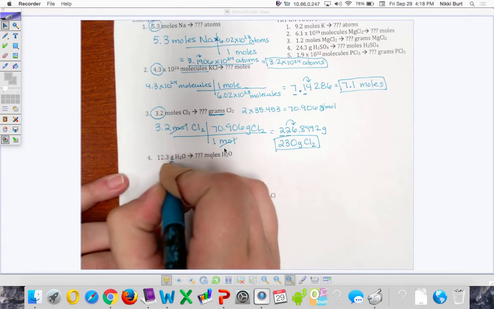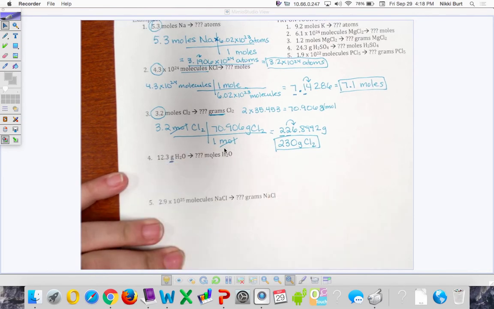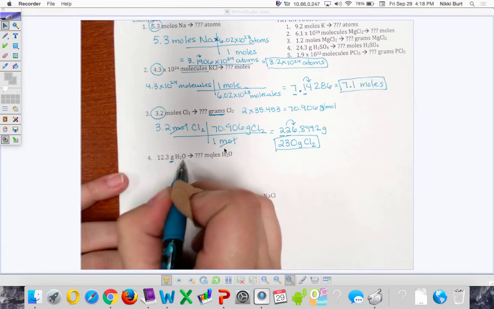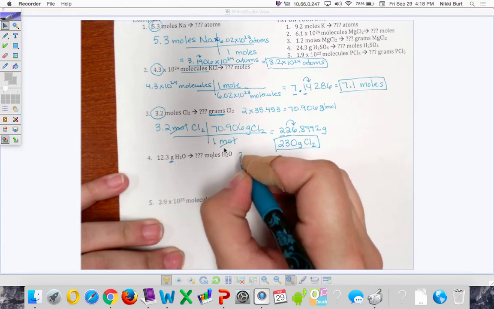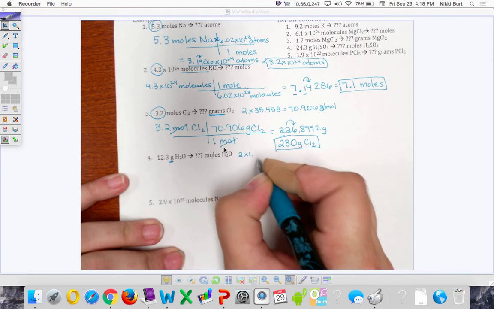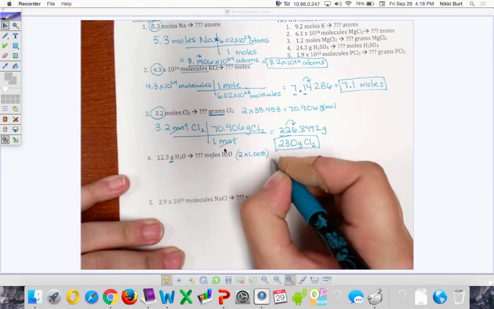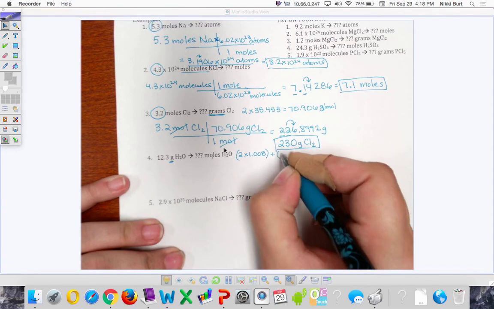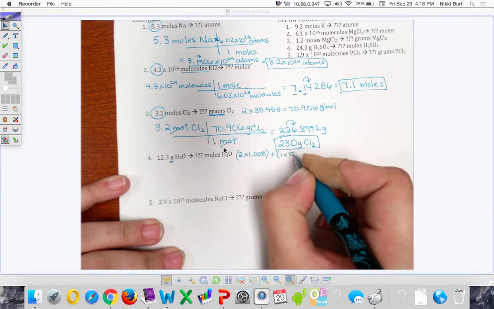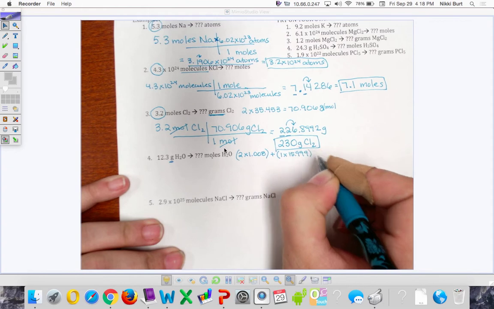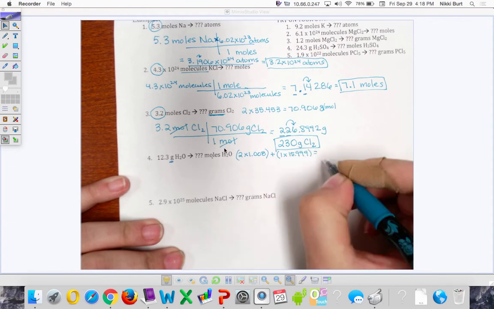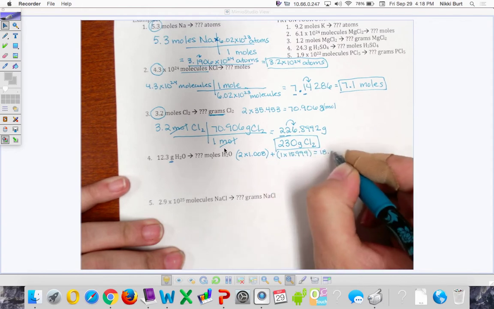What if you're going the other direction, from grams to moles? Well, since grams is present in the problem, you have to know the molar mass of that H2O. So we have 2 hydrogens, each at 1.008 grams. We got 1 oxygen at 15.999 grams.